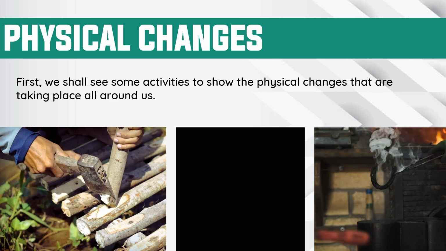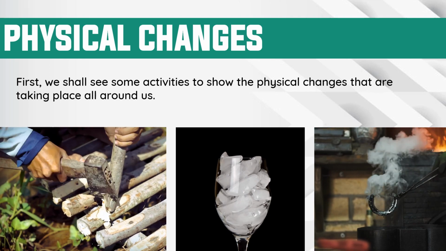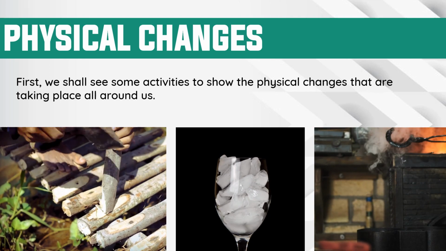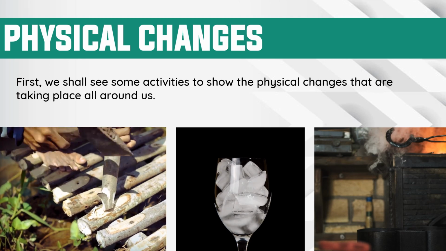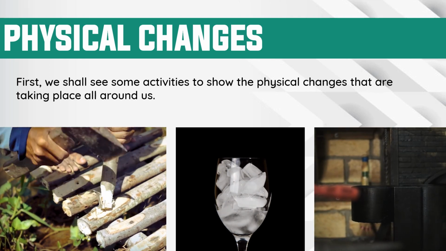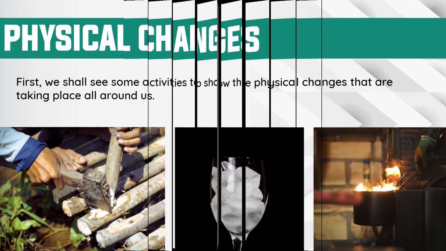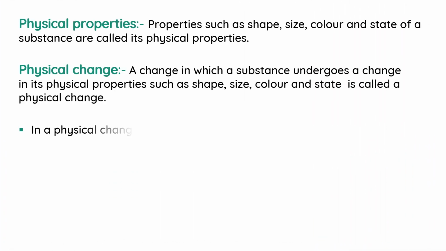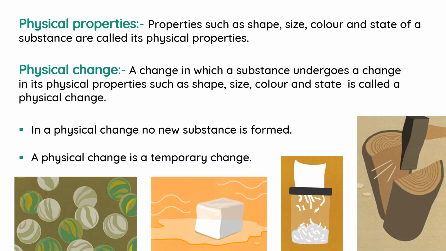So in these three videos, in the first video size and shape have changed, in the second video state has changed, and in the third video color has changed. From those activities we observed that size, shape, color and state have changed.